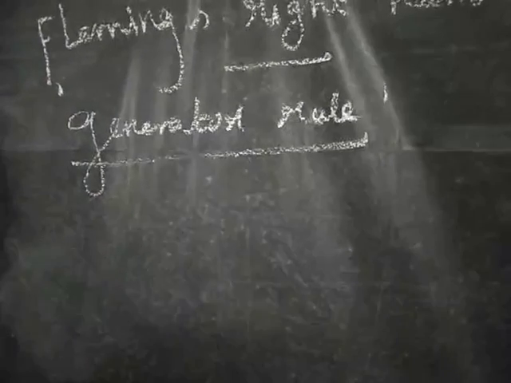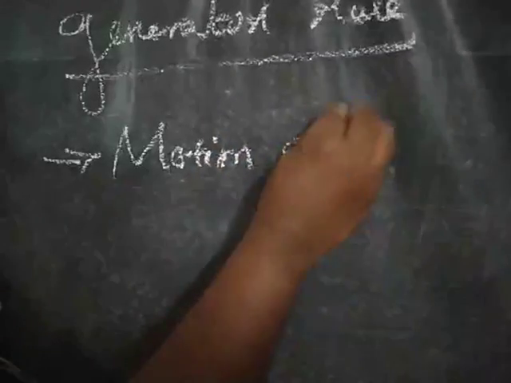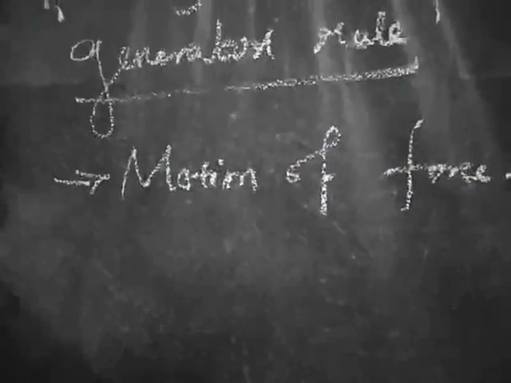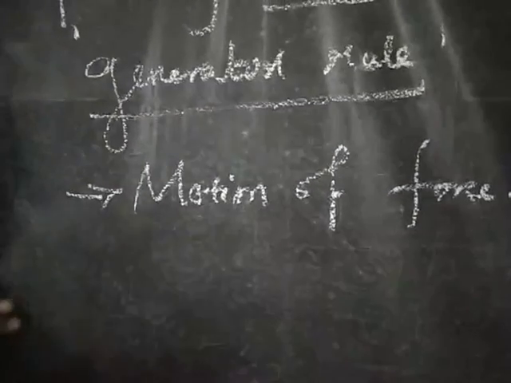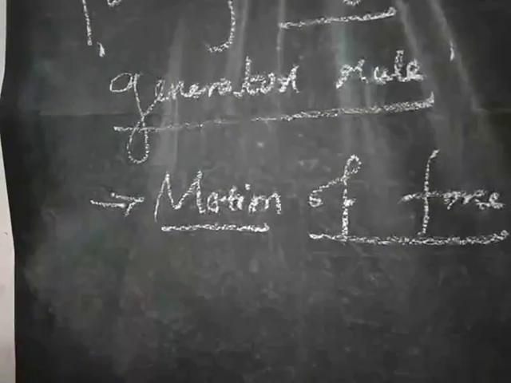We take the right hand and keep the thumb, middle finger and forefinger perpendicular to each other. The thumb shows the direction of motion of force. The middle finger shows the induced current.